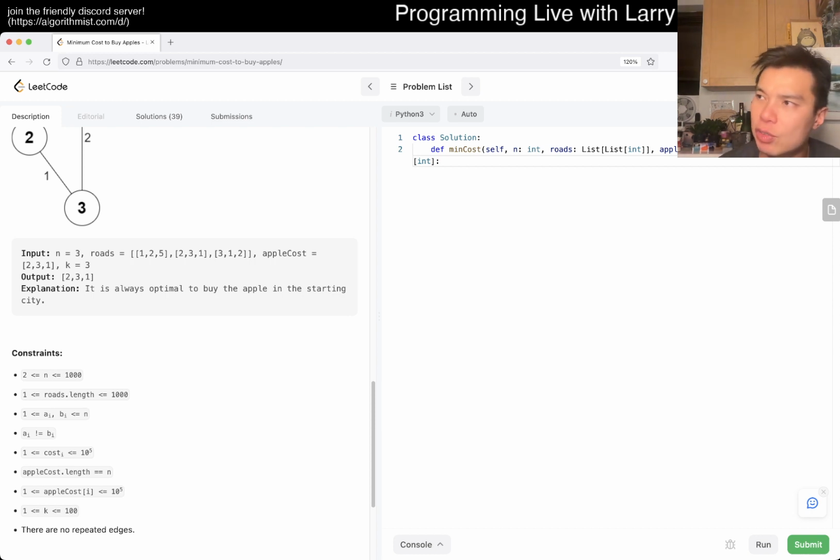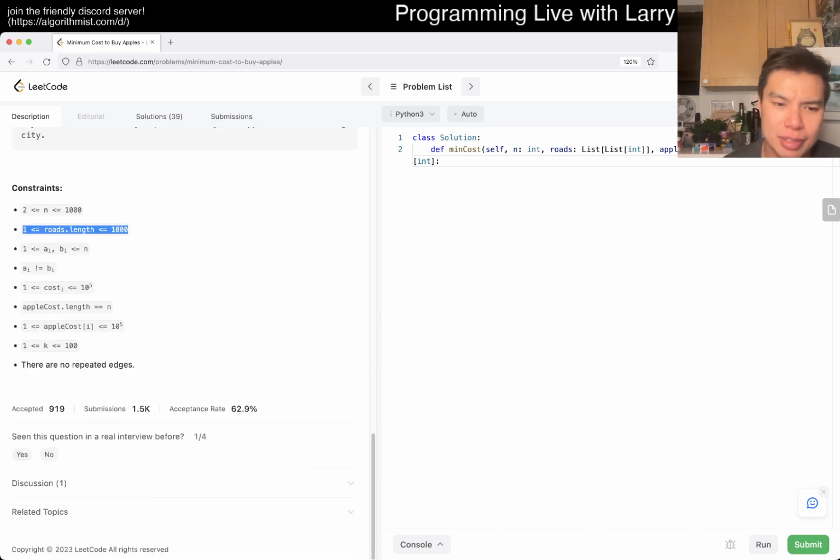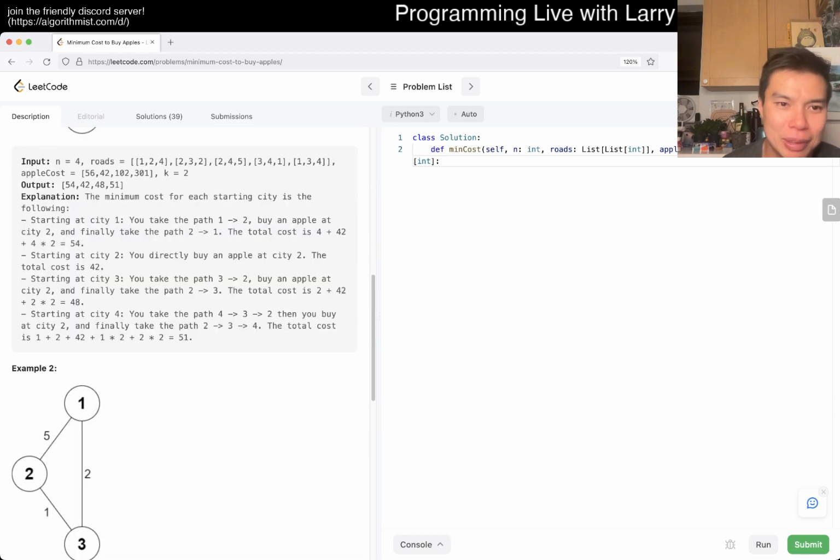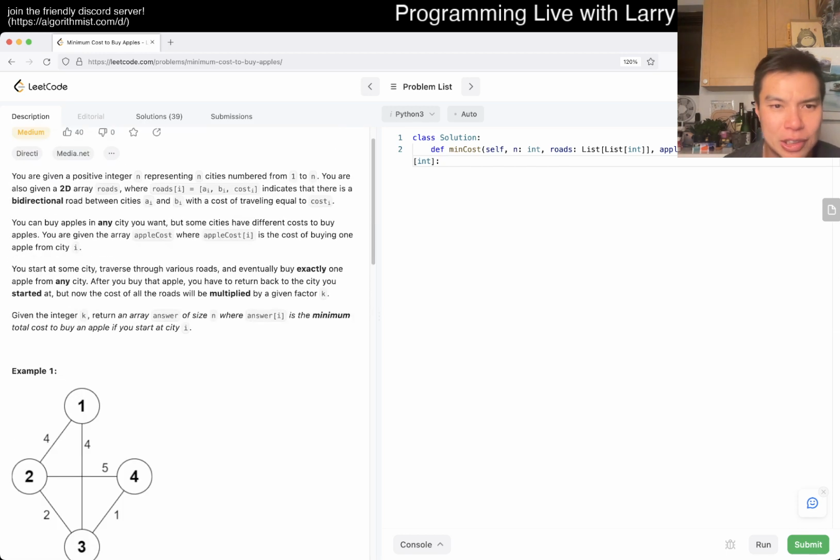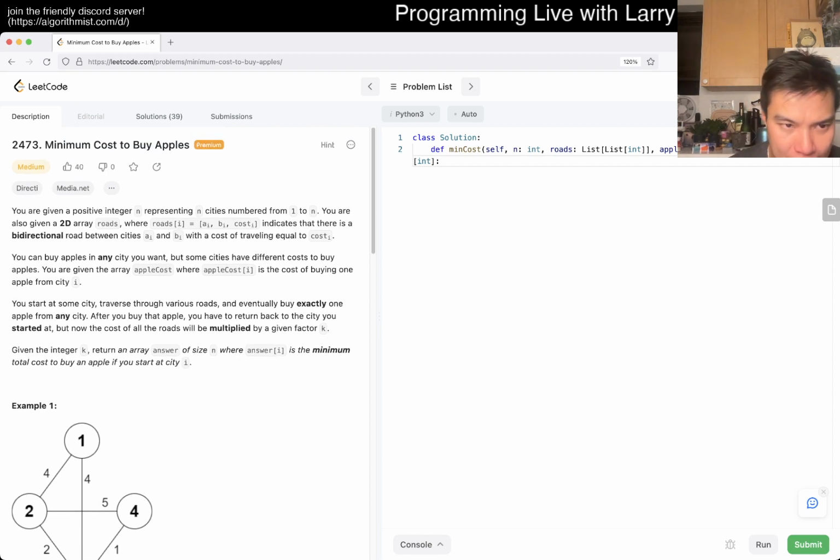So it'll be V square log E, which is like 10 million, which is a little bit much, to be honest. At least in Python. Maybe in C++ it's fine. And I'm just struggling because I have Python constraints in my head.